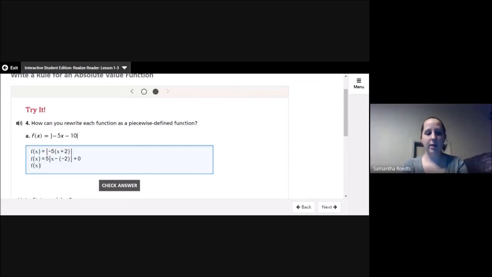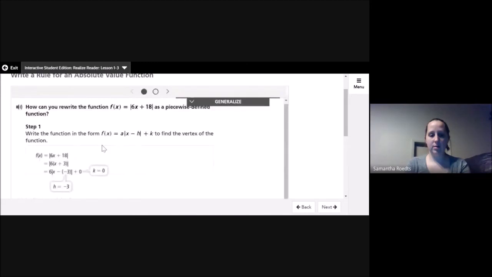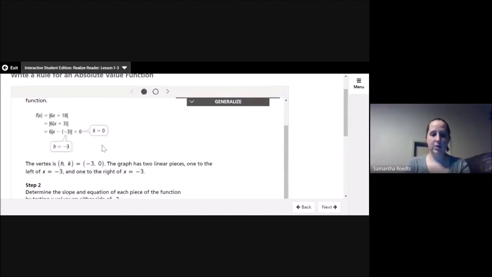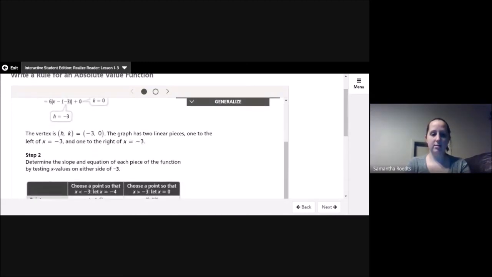So I'm going to end up with negative 2, 0. Negative 2, 0 is my vertex.